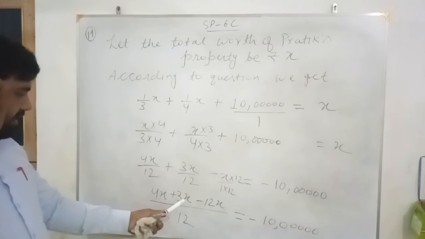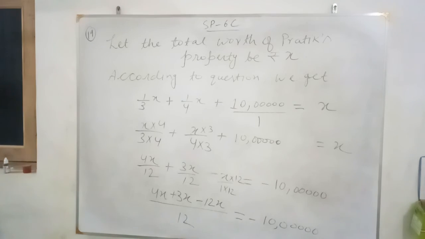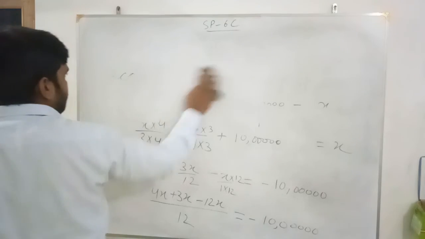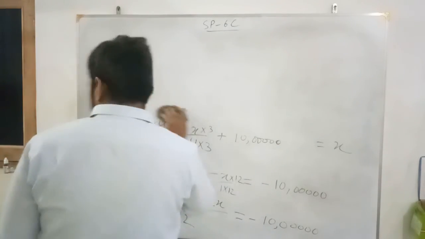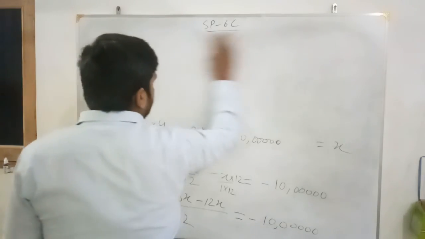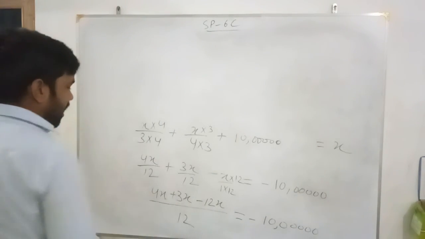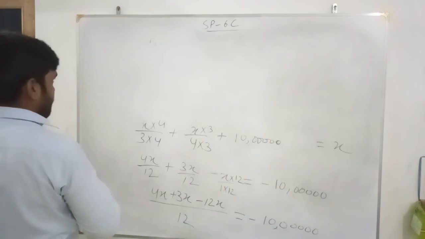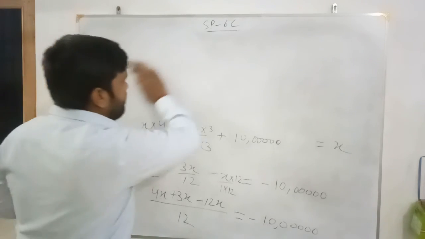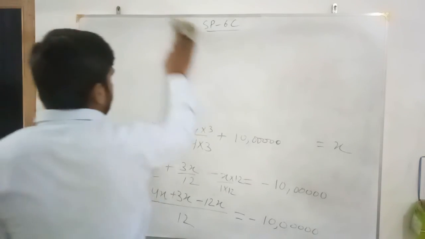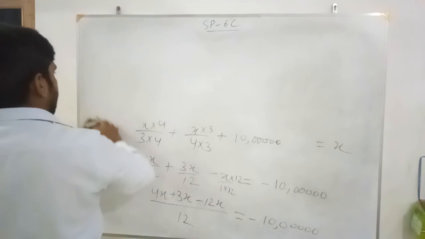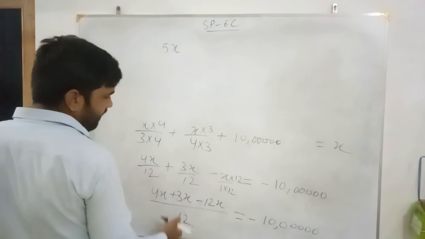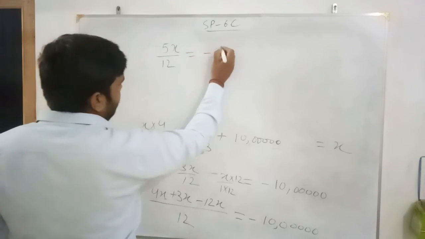Now 4x plus 3x is 7x, and 7x minus 12x gives you minus 5x. So minus 5x by 12 equals minus 10 lakh.